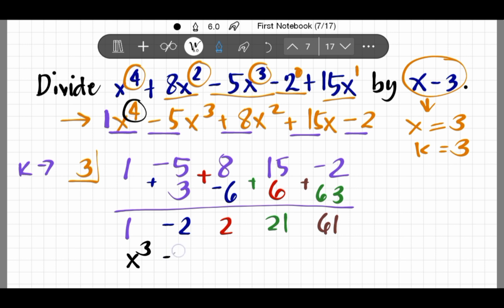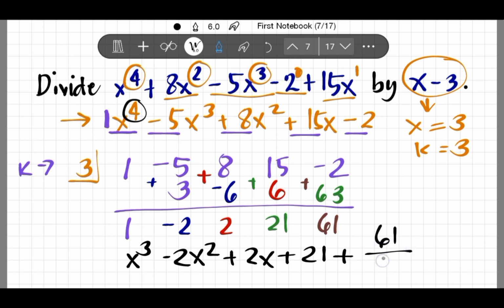And copy negative 2 followed by x squared since we are creating a polynomial in decreasing order of power or in standard form. Next, positive 2x plus 21 plus 61 over x minus 3.